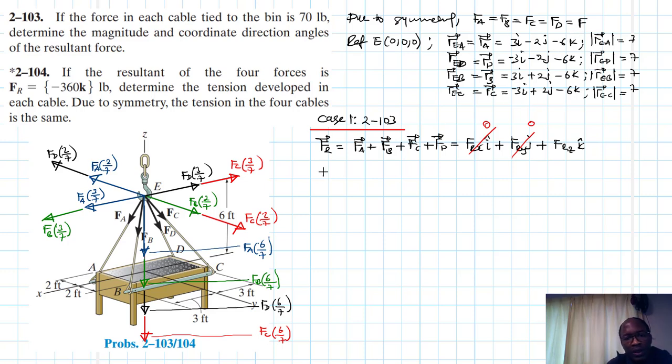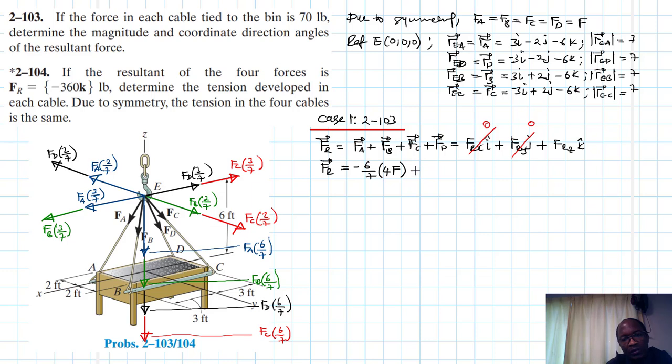equal to F, and therefore we can write this resultant force is equal to F times 6/7 minus 6/7 brackets. How many are there? There are 4: FA, FB, FD, FC, but we've said all these are equal to F, so there are 4 of them, so we'll say 4F.